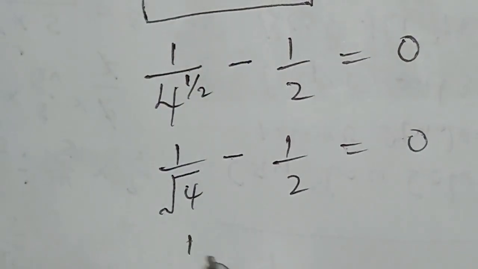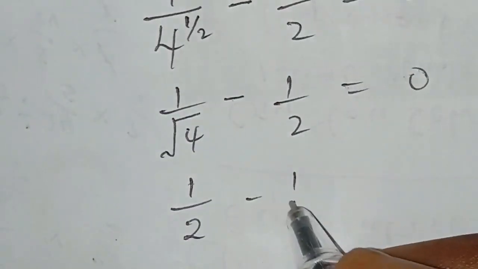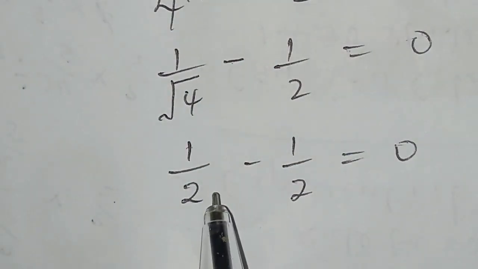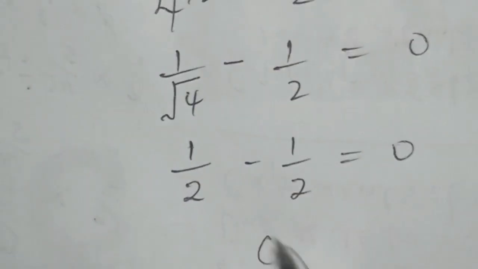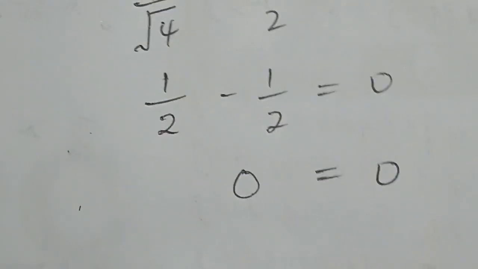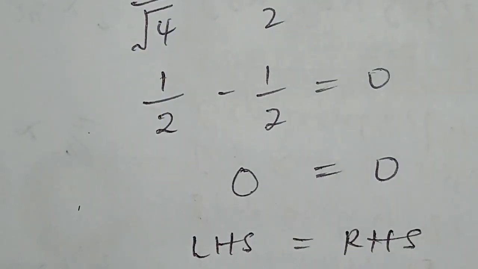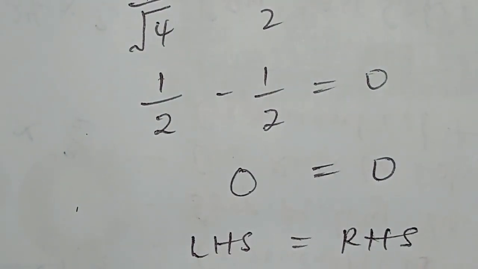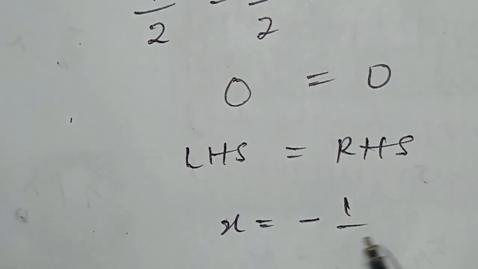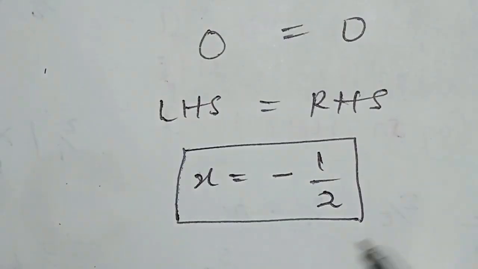Square root of 4 equal to 2, so that is 1 over 2 minus 1 over 2, which is equal to 0. This proves that the left hand side is equal to the right hand side, and also confirms that x equal to minus 1 over 2 is the correct value of x.